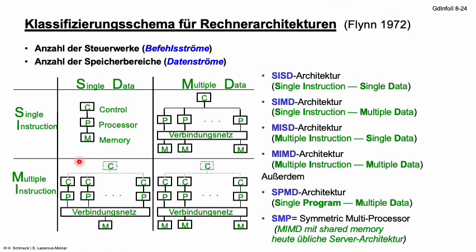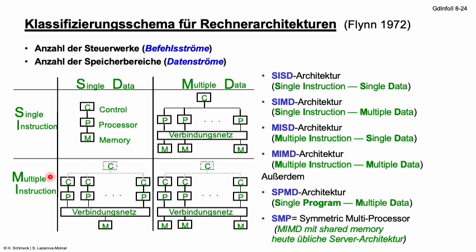In addition to this, we can also have multiple instructions and single data. But just so you know, in practice there is no viable machine that implements this architecture, but still it's theoretically part of this classification.